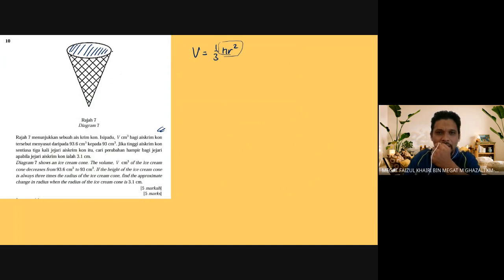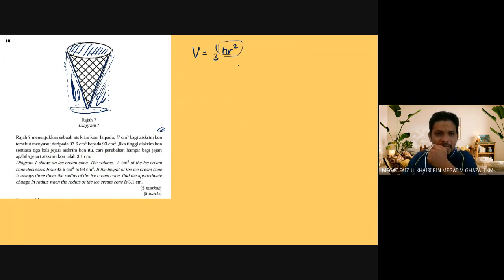And 1 over 3: imagine this is a cylinder, like the surface on the top here, but we cut 2/3 of this volume, then we only have 1/3 left. That's what we call 1 over 3 pi r squared h.